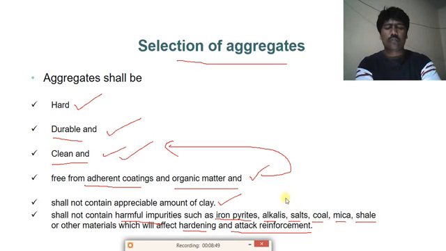So these harmful impurities should not be there in the aggregates. So you need to make sure that while selecting aggregates, all these properties are there in the aggregates.